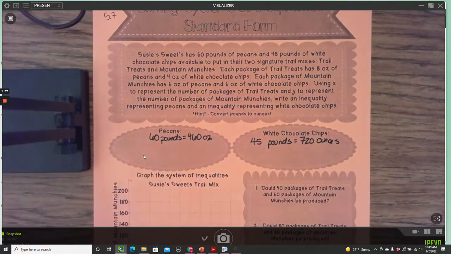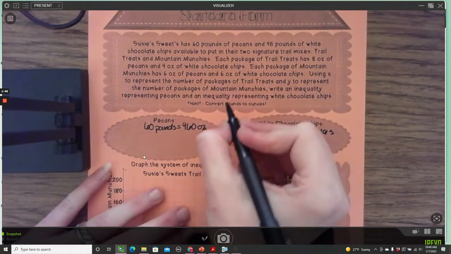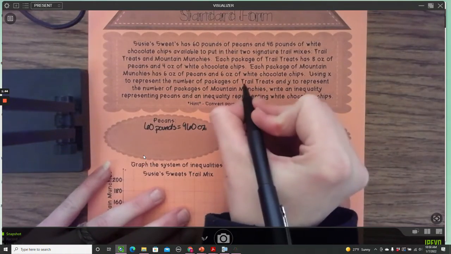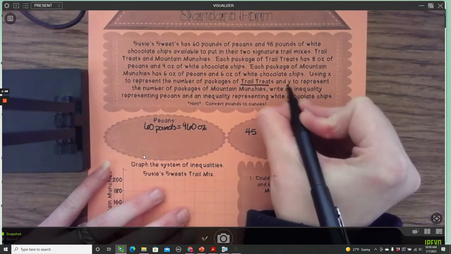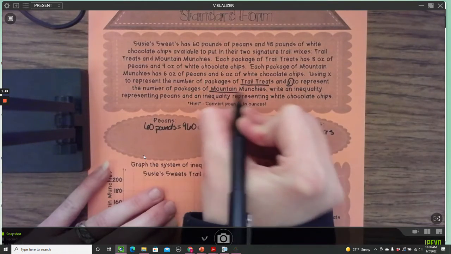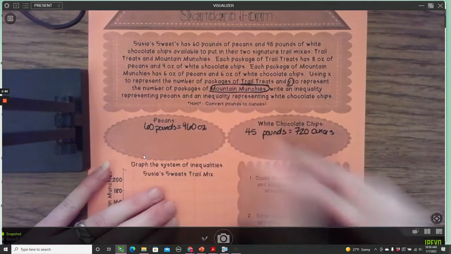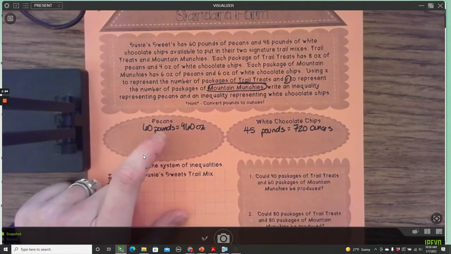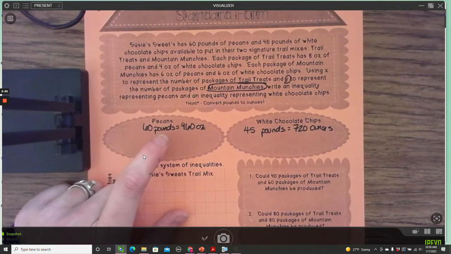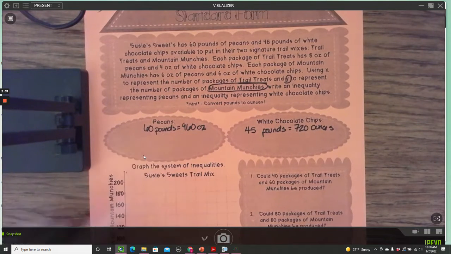So for pecans, X is going to be Trail Treats, and Y is going to be the Mountain Munchies. For Trail Treats, we need 8 ounces.